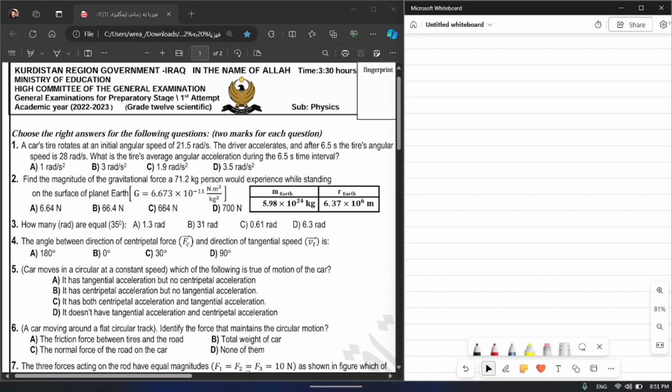So starting with the first question, we have a car's tire that rotates with an initial speed. We have omega initial, which is 21.5 radian per second.